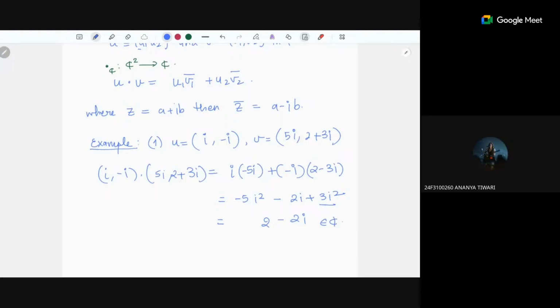Can we use j instead of iota? Because of signals classes, I was doing this wrong in circulant matrices also. I was writing this as j. No, iota is the standard symbol. Sir, in electrical we use j, so that's why I was mixing both of them.